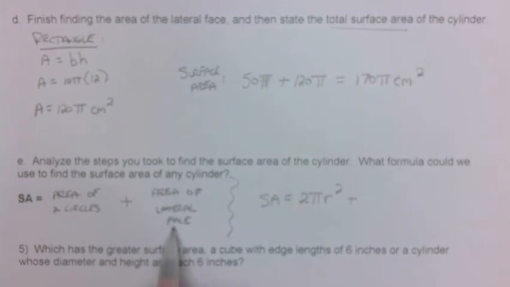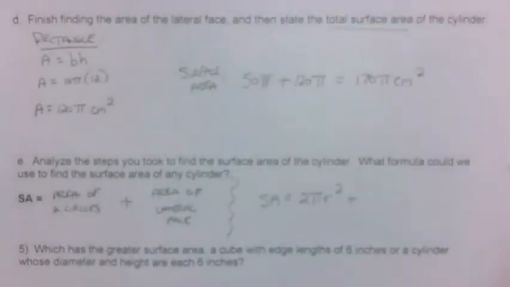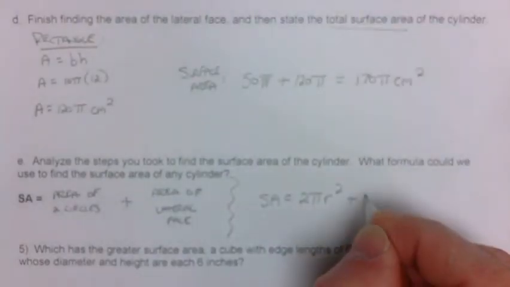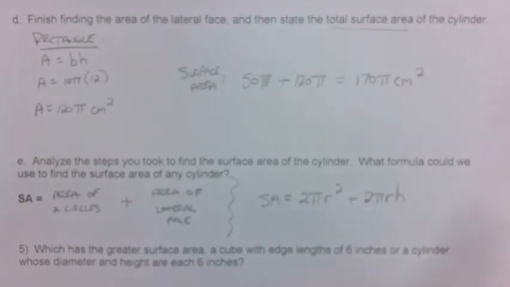Okay, so remember that for the lateral face, we had to actually calculate the circumference of the circle, and we calculated the circumference by using 2 pi r, and then we multiplied by the height. So the circumference is 2 pi r multiplied by the height. And this is the formula that you can use to find the surface area of any cylinder.